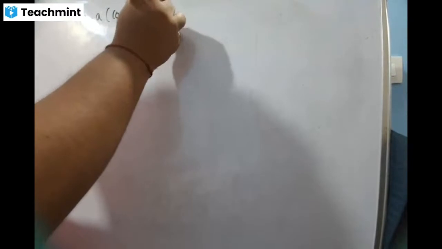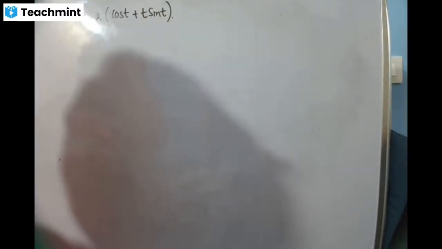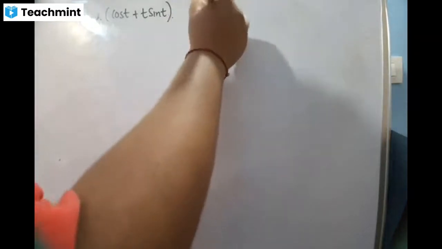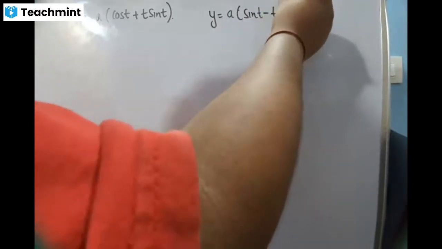The question I was looking for: some part I had written correctly, but x equals a open bracket cos t plus t sin t close bracket, and y equals a open bracket sin t minus t cos t close bracket.